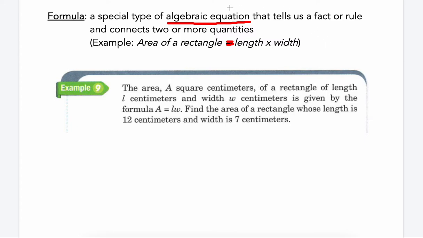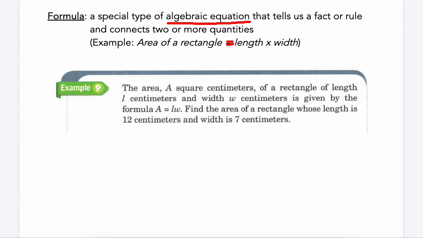So a formula is a special type of an algebraic equation, and it always tells us a fact or a rule that we know to be true all the time, connecting two or more quantities. So for example, one of the most famous formulas or algebraic equations that we know to be true is for the area of a rectangle.